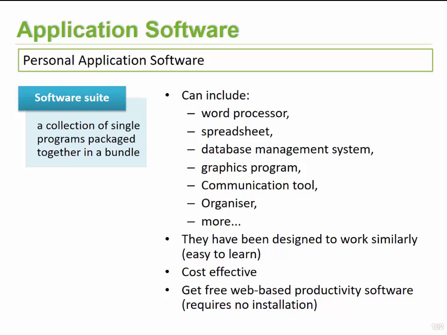These programs are usually designed in such a manner that it makes it easy to jump from one program to another, and the interfaces are relatively the same. For example, if you know how to work with Microsoft Word, you will have little difficulty transitioning to, let's say, Microsoft PowerPoint. Packaging software together is more cost effective, because if you had bought these one by one, it would have cost you more.